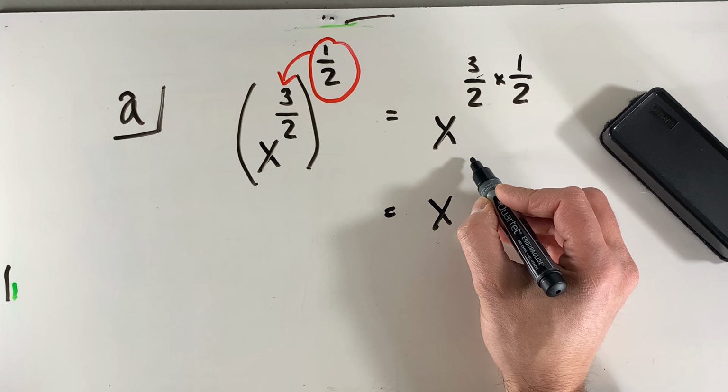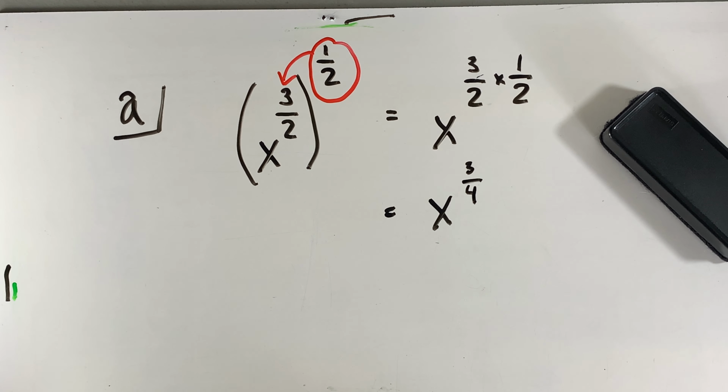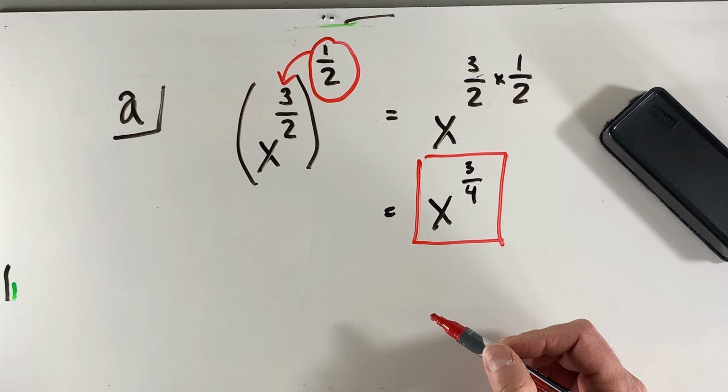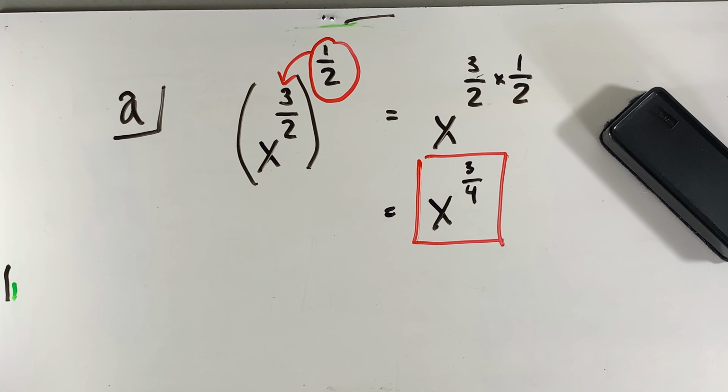So 3 times 1 is 3, 2 times 2 is 4. And that's it. They're asking us to express each as a power with a single positive exponent. So this exponent is positive, and we cannot evaluate this any further. So that's going to be our answer for A.